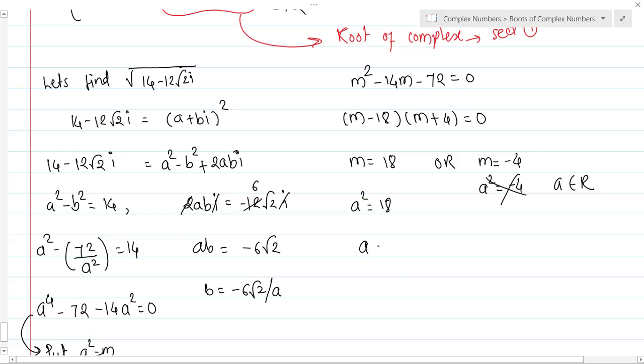So a will have two values: positive root 18 or negative root 18. Now for both of these values we have to find the value of b.